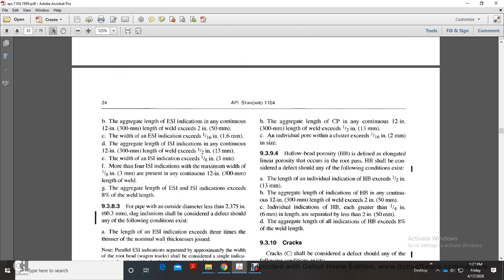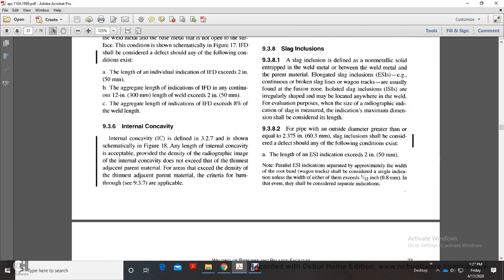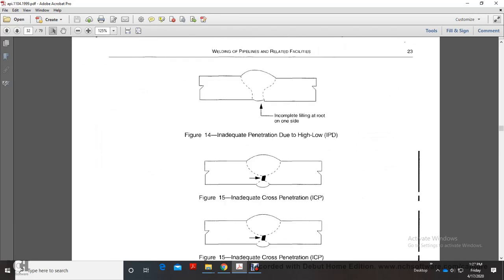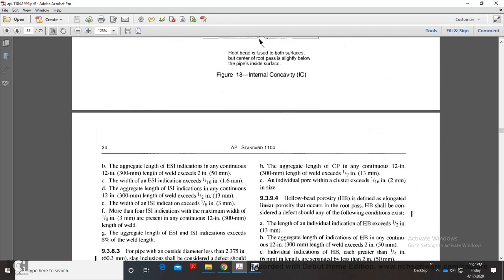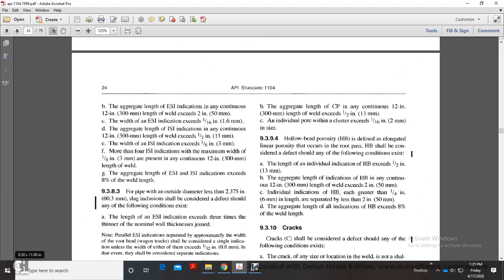The width of an isolated slag inclusion exceeds 1/8 of an inch. More than 4 isolated slag inclusion indications with a maximum width of 1/8 of an inch are present within a continuous 12-inch length of weld. The aggregated length of the elongated slag inclusion and isolated slag inclusion indications exceeds 8% of the weld length.